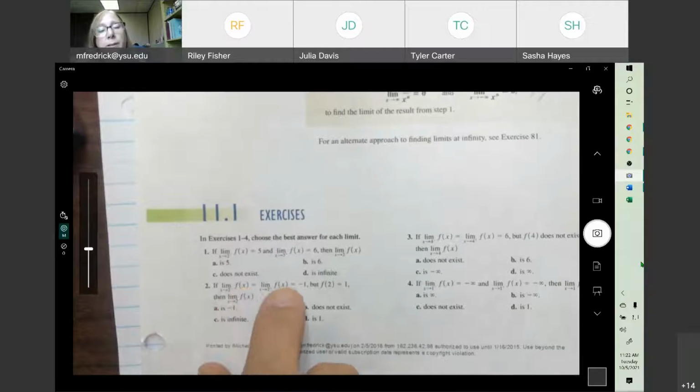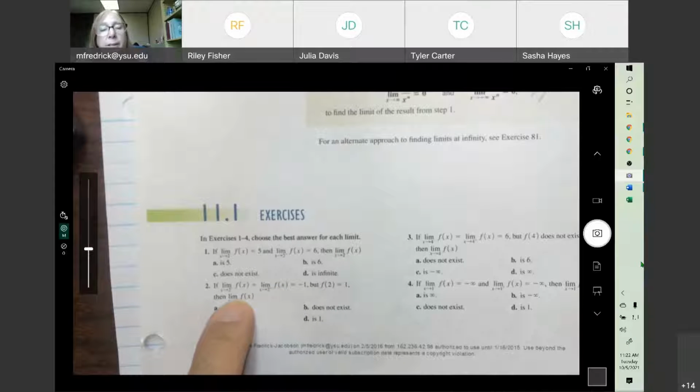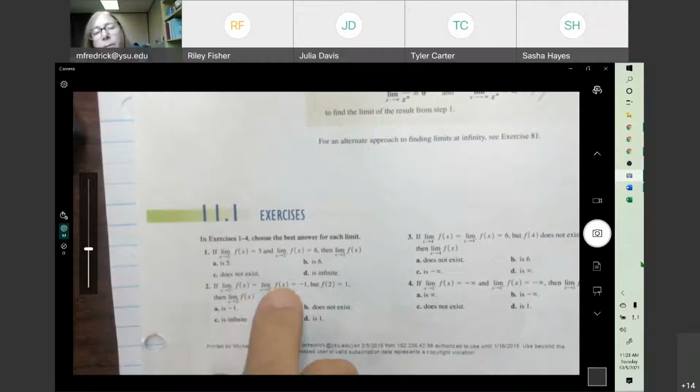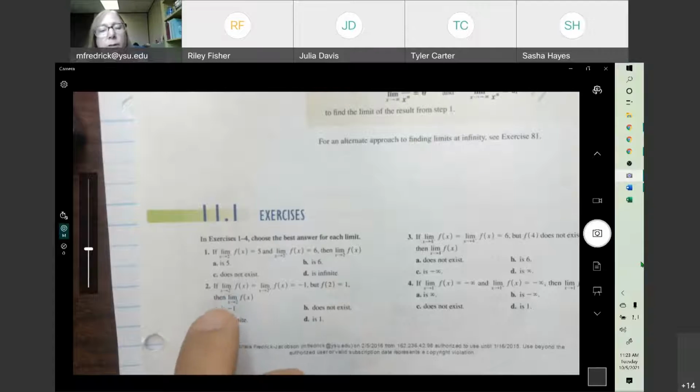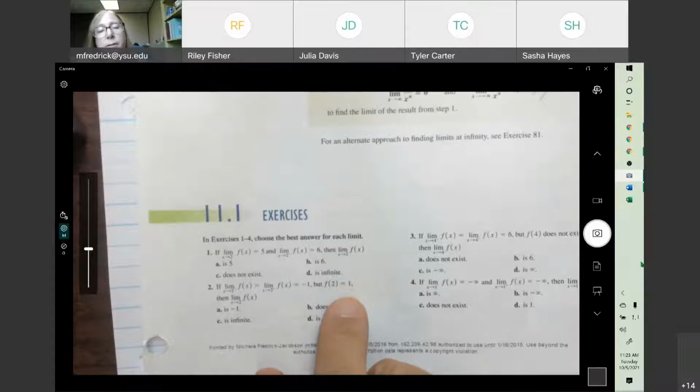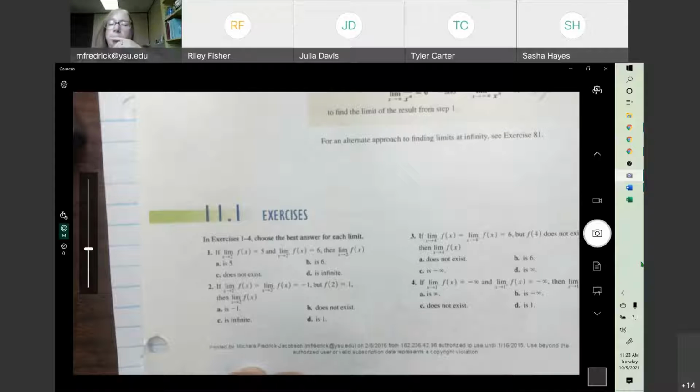As long as these two are the same value, this one will also be that value. So it will be -1, not the +1. So if your limit from the left and the right is the same, the limit at that value is also the same, -1. Doesn't matter what this is. Any questions on that?